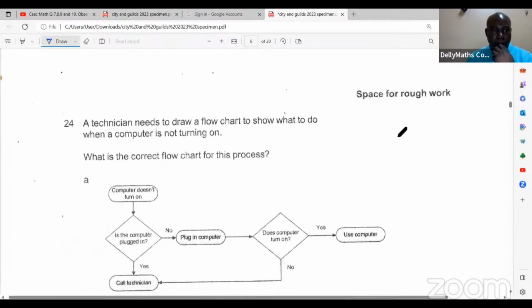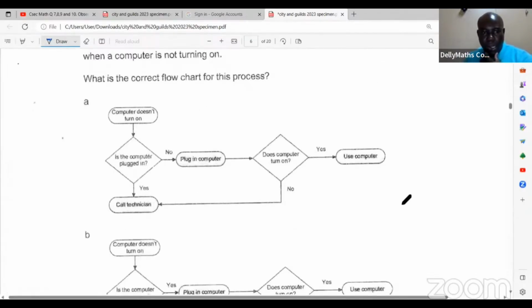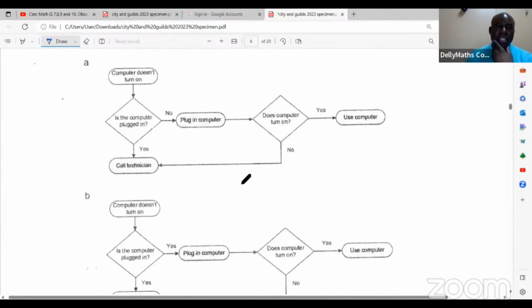All right. So we're looking at this. It says attention needs to draw the following flowchart, to show when a computer is not turned on, what's the correct thing to do. Just try to turn the computer on. It's not coming on. Now, A is saying that the computer does not come on. Next thing is, is the computer plugged in? So you want to check what's going on. Yes.